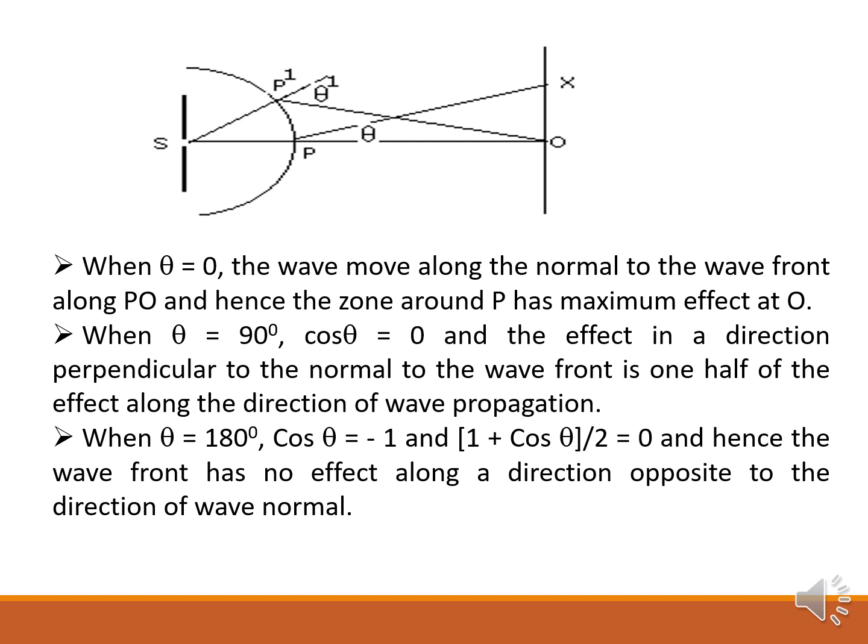That means it is halved. When theta is pi, cos theta is -1, and (1 + cos theta)/2 is 0. And hence the wavefront has no effect along a direction opposite to the direction of wave normal. The failure of wave theory in explaining the absence of backward wave was accounted for by this explanation.